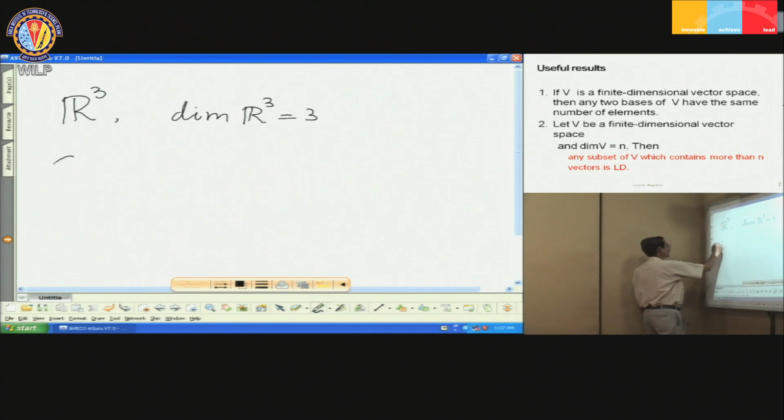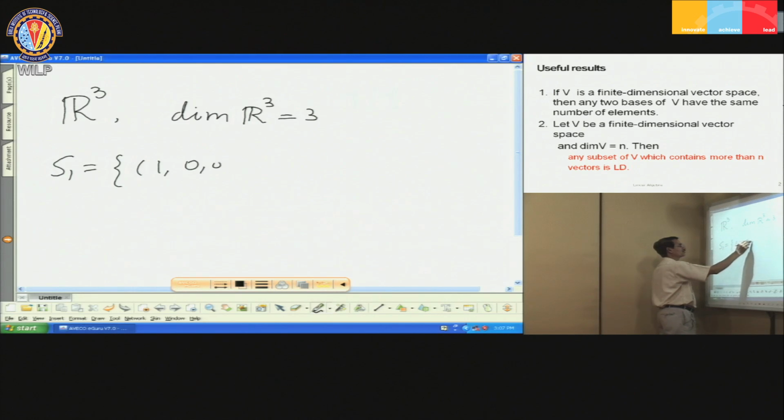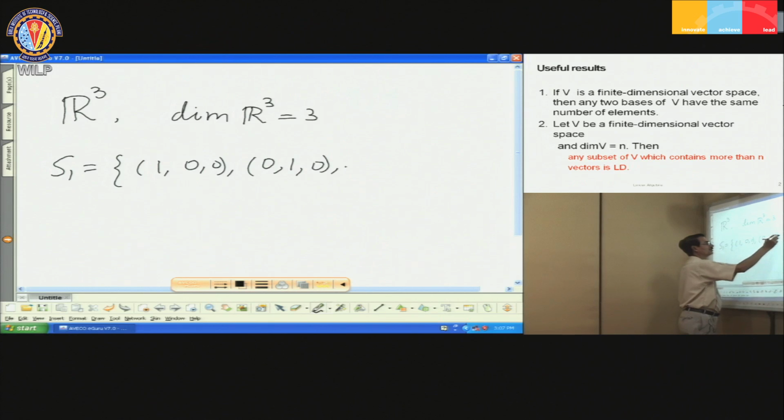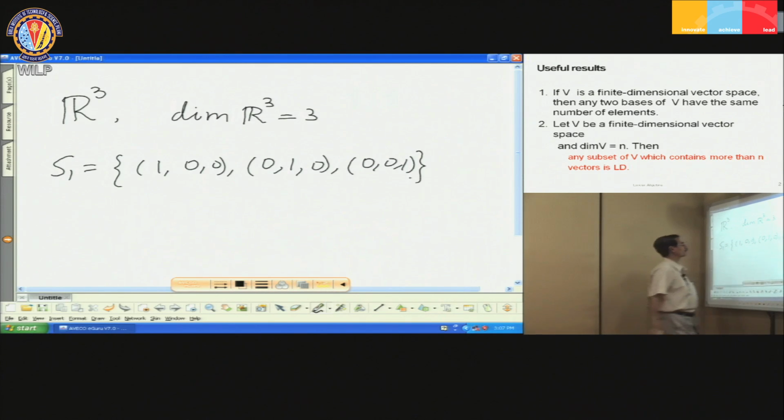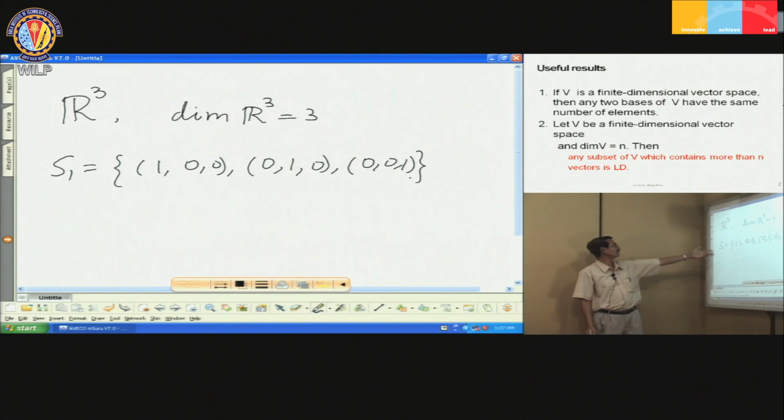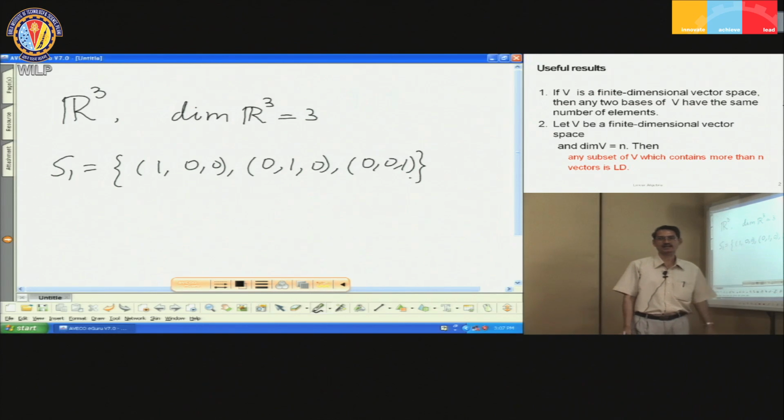So, suppose I am calling here S1 is (1, 0, 0), (0, 1, 0), (0, 0, 1). This is called a standard basis for R3. It is a standard basis, natural basis for the vector space R3.